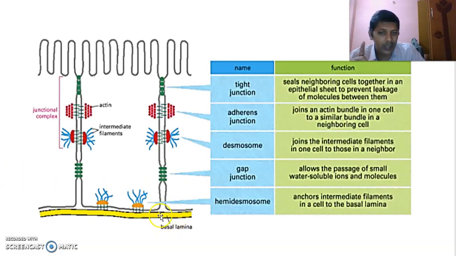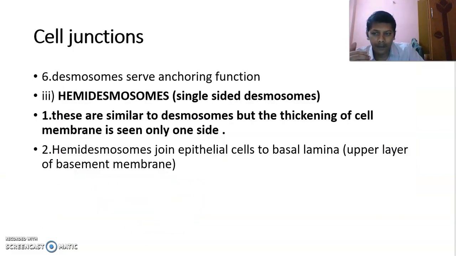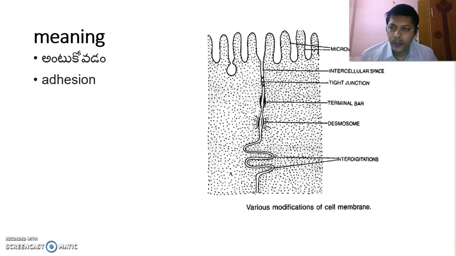You can see here, this is the basal lamina, and below that is the reticular lamina, and the two are connected by hemidesmosomes. Come to the next one.